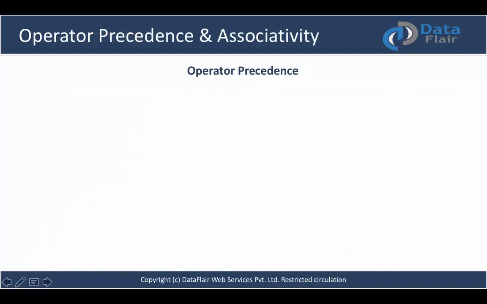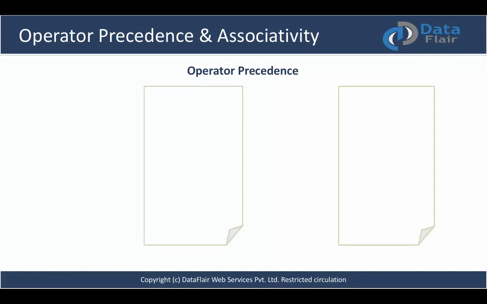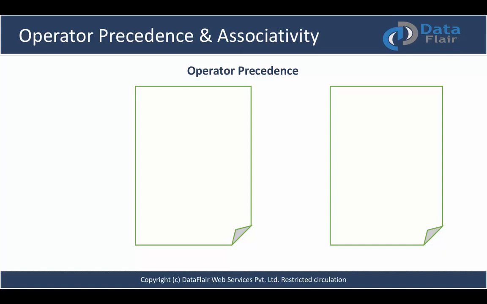Next is operator precedence and associativity. We have talked about Scala's operators, arithmetic, logical, Boolean, and all those. But what should be their sequence of evaluation? In the Scala specification, the precedence has been defined.